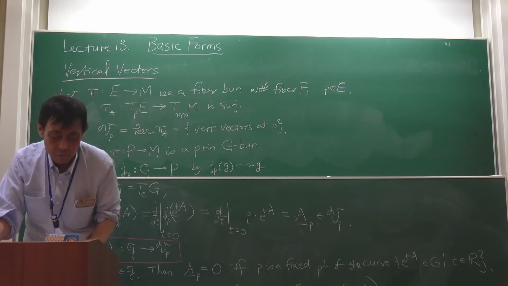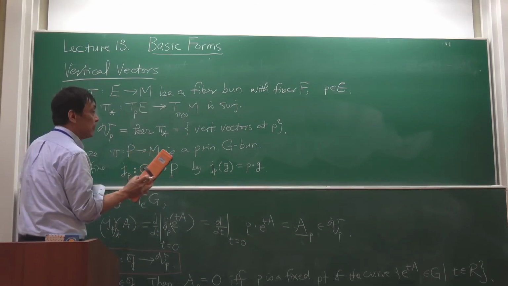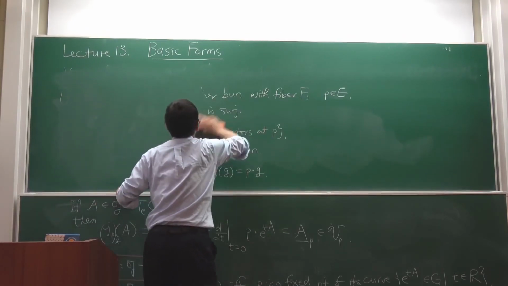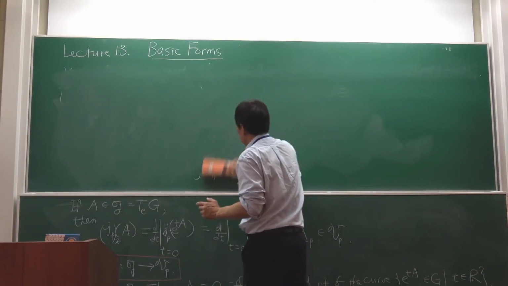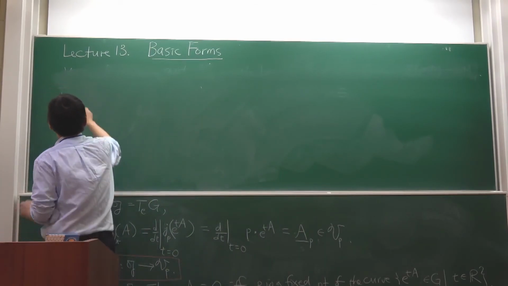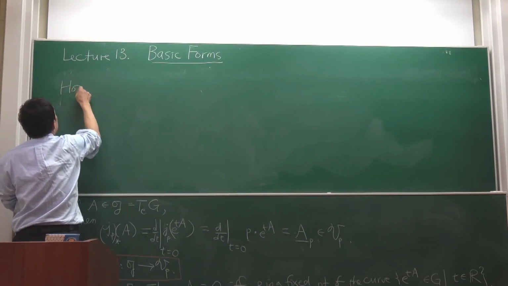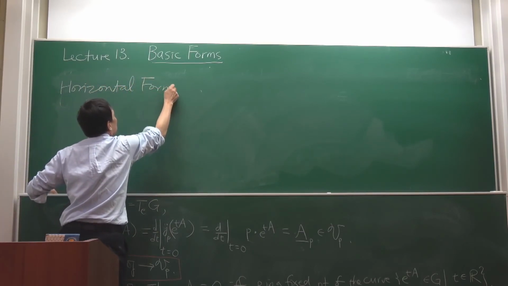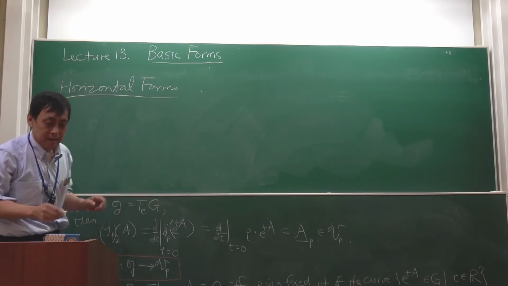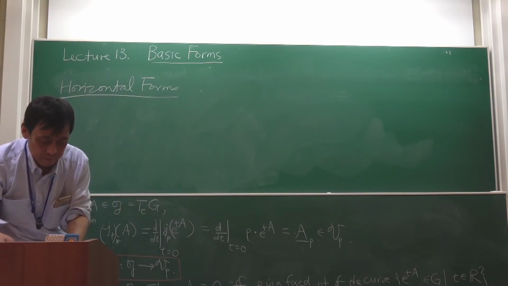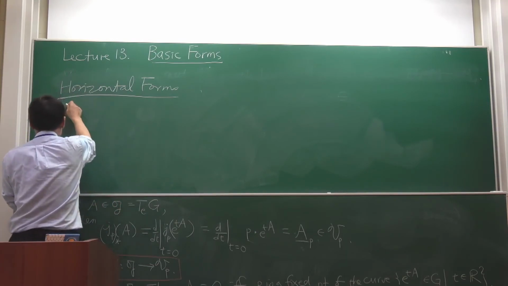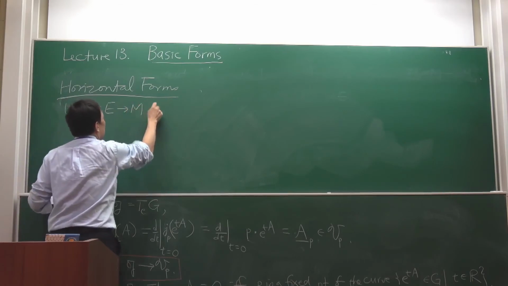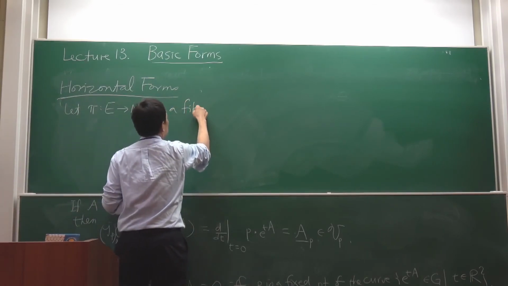So these are called horizontal forms. Let pi be a fiber bundle.